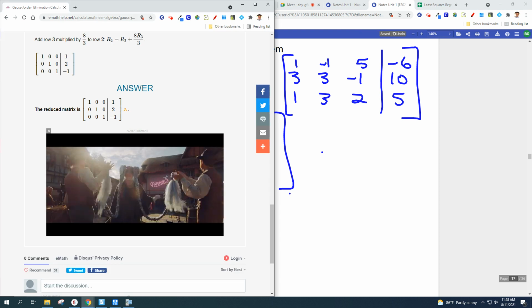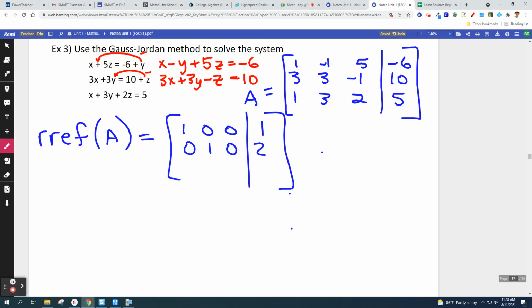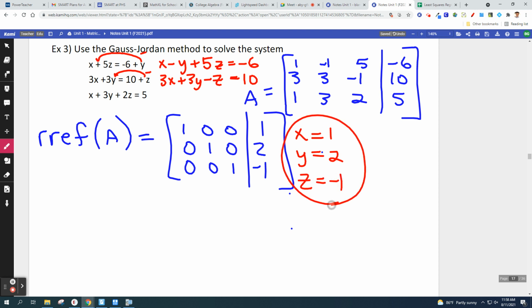In the third row, 0, 0, 1, negative 1. Which is awesome because that tells me exactly what the answer is. I can see from that top line shows me x equals 1. That middle line shows me y equals 2. And that third line shows me z equals negative 1.